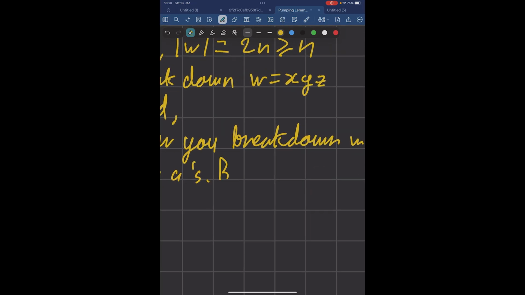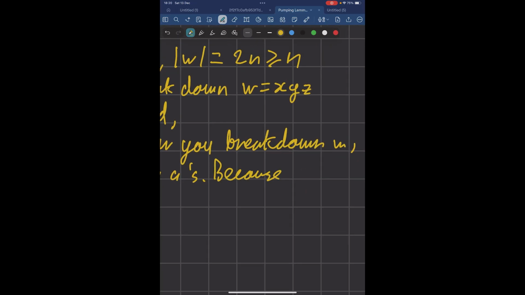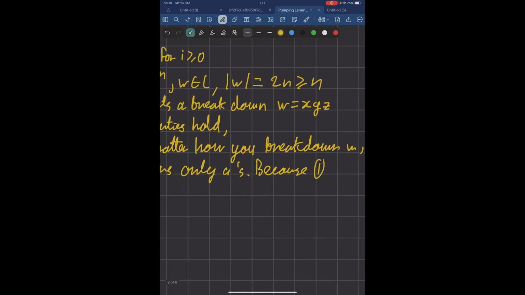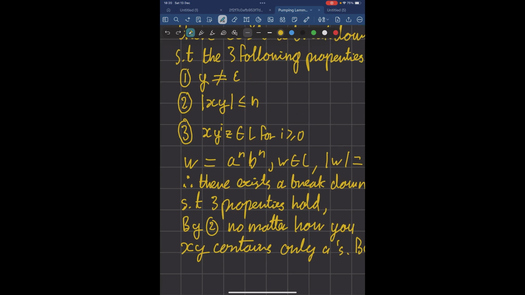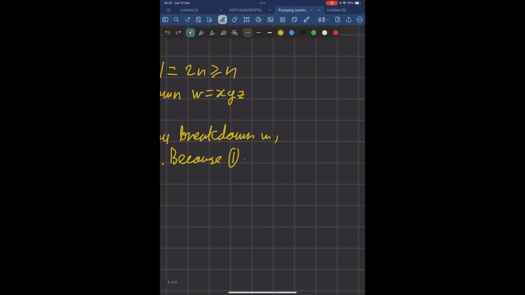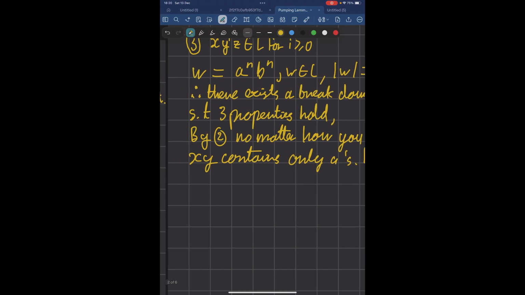And because of property 1, which says that y is non-empty, y must contain at least one a.